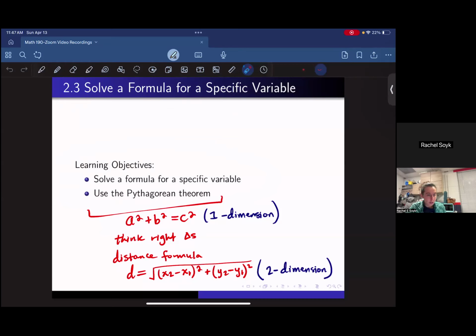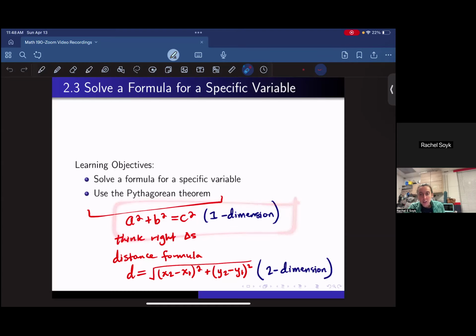So Pythagorean theorem, our whole a squared plus b squared equals c squared, that's really looking at it from the one dimension perspective. So you want to think our right triangles, whereas from the two-dimension perspective, where we're on an x and y coordinate plane, we have our Pythagorean theorem converted into our distance formula, which is literally Pythagorean theorem, a squared plus b squared equals c squared in disguise.